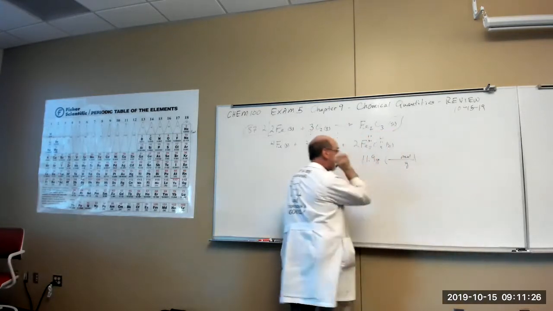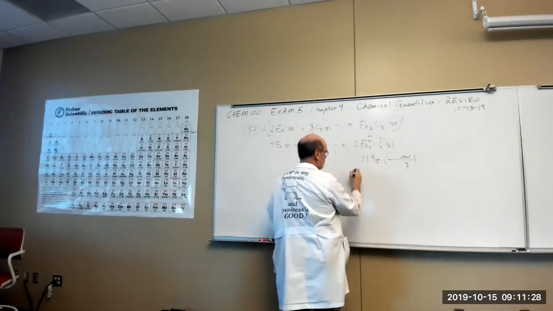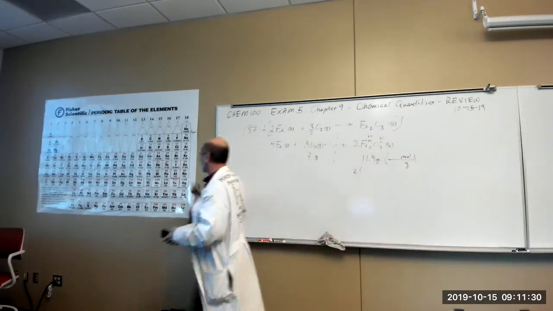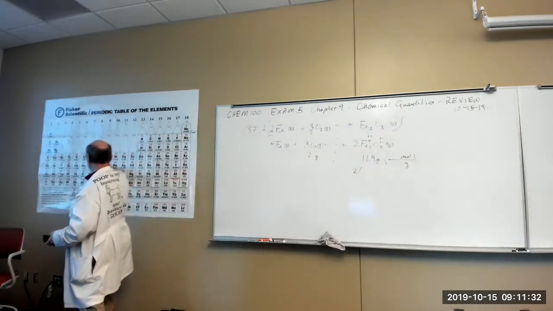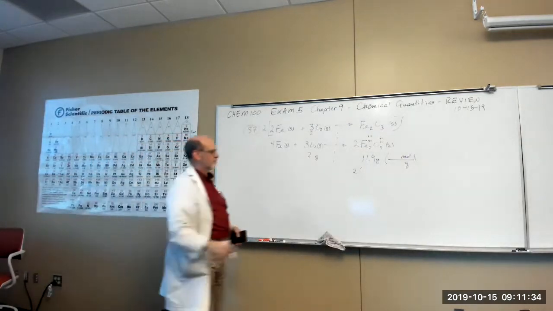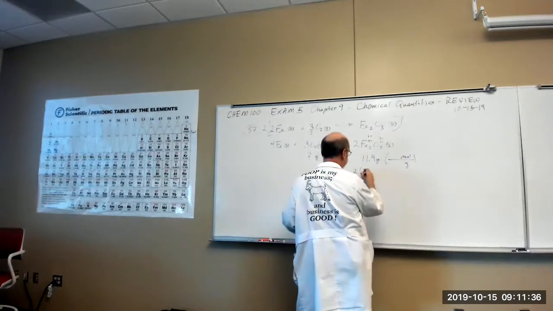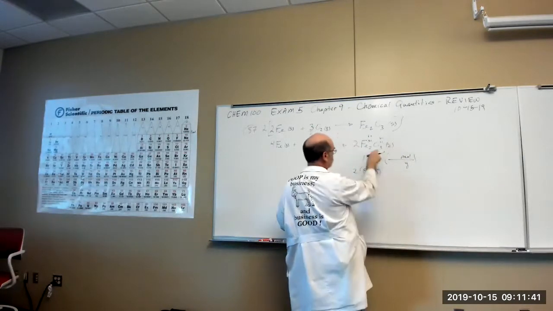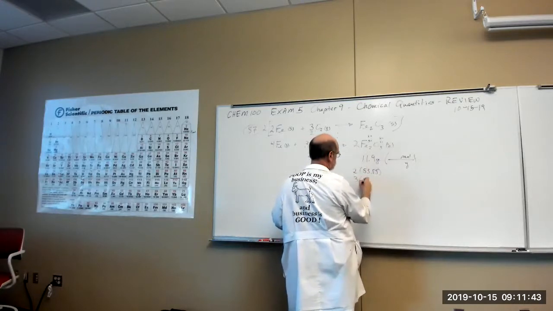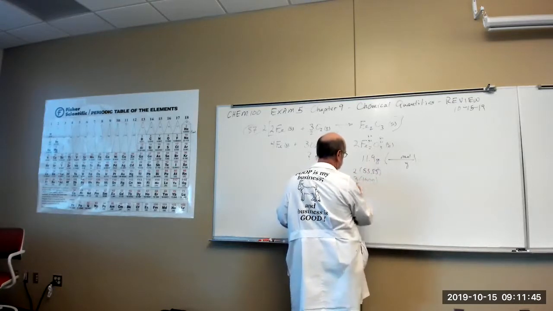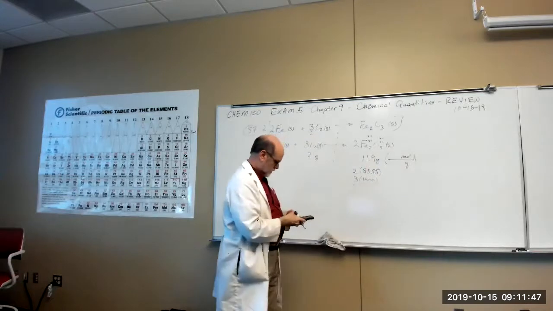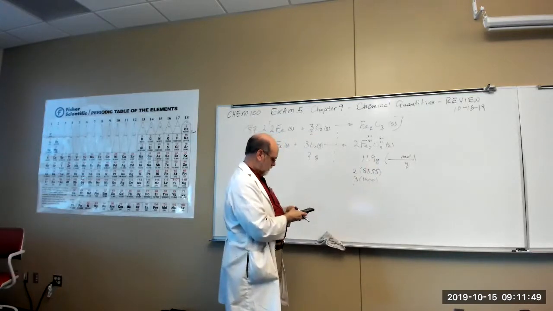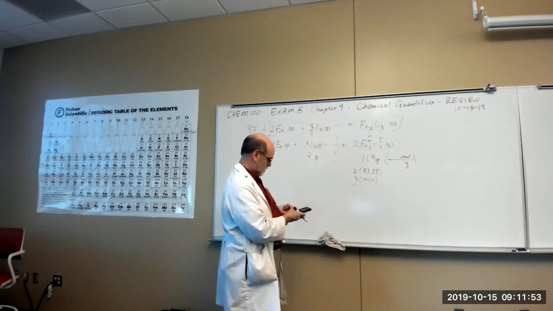So we need the molar mass of this one. So that's 2 times iron, 55.85, and then 3 oxygens. There we go. Now let's do a quick cipher here. Jethro could cipher the numbers.